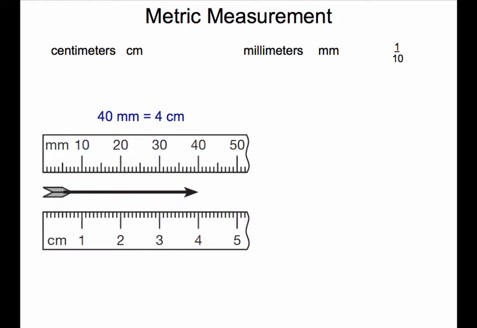It is 40 millimeters or 4 centimeters. Notice that to go from millimeters to centimeters, I divided by 10. If we wanted to go the opposite way, from centimeters to millimeters, we would multiply by 10.